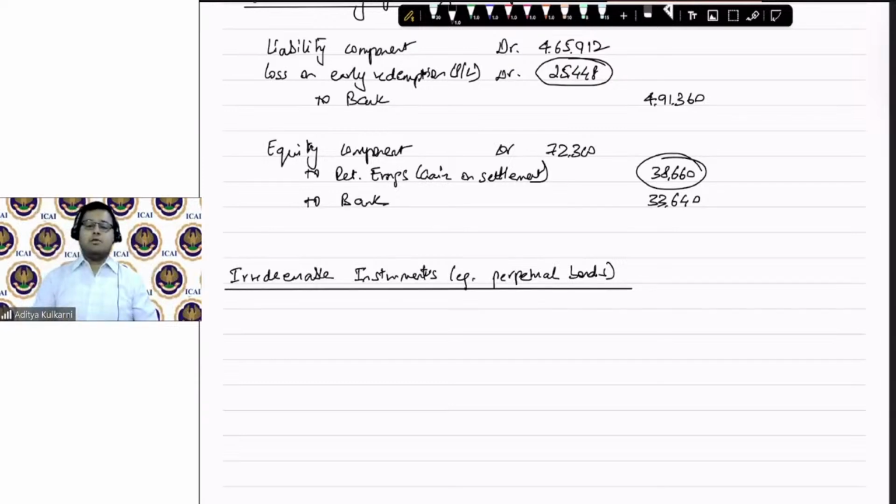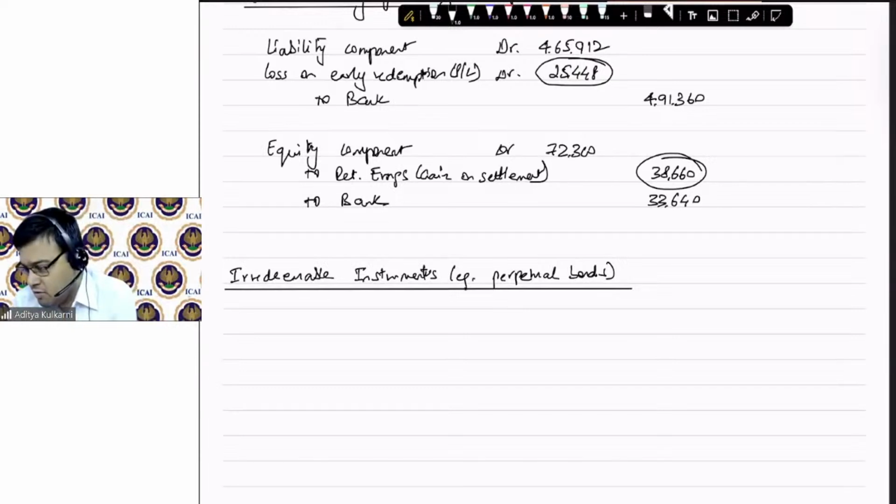In India, you don't see this because normally our preference shares are also mandatorily redeemable after 20 years. So if I talk about irredeemable instruments, what do you mean by irredeemable instruments? It means that you don't have an obligation to deliver cash.